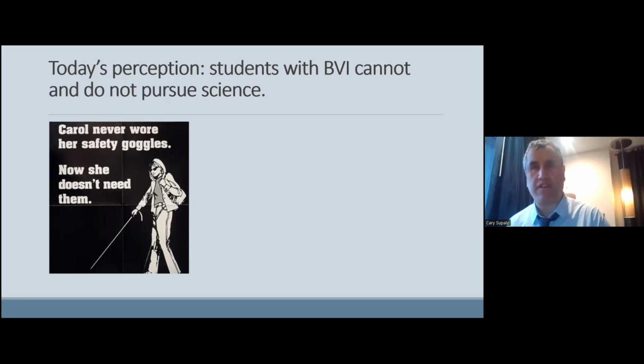And unfortunately, for blind students, there's an image of this poster floating around in our educational community that features this young child named Carol, who says she did not wear her safety goggles, now she doesn't need them, and it has a picture of her using a cane and reading Braille and other renditions of this picture.